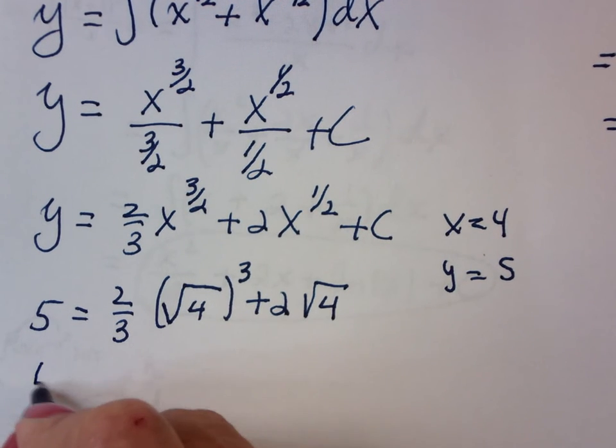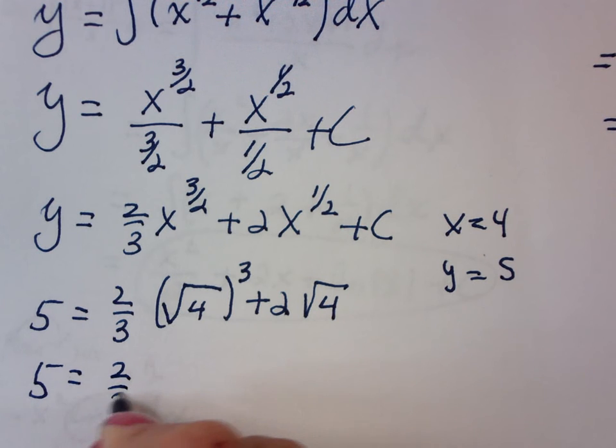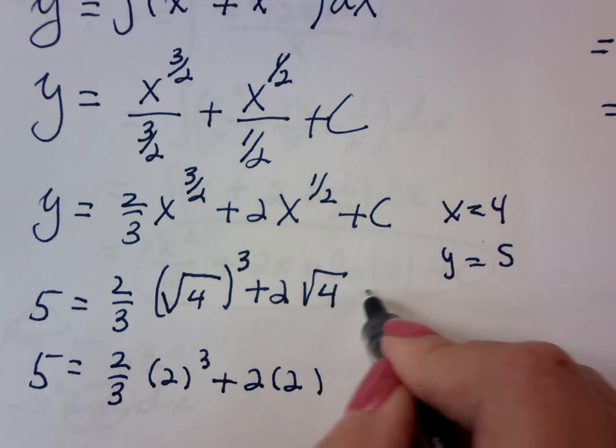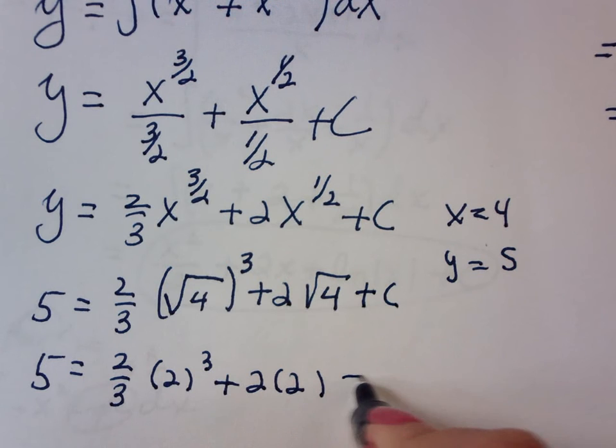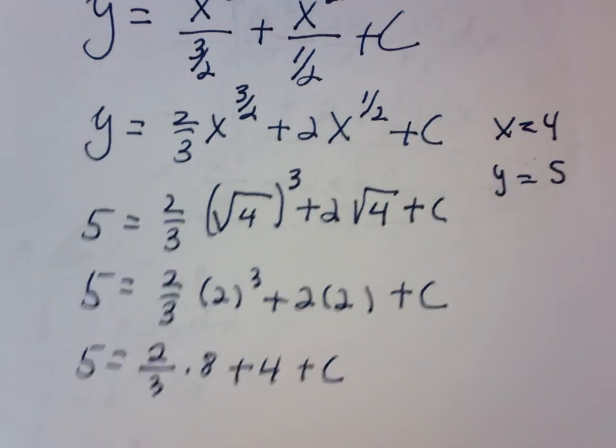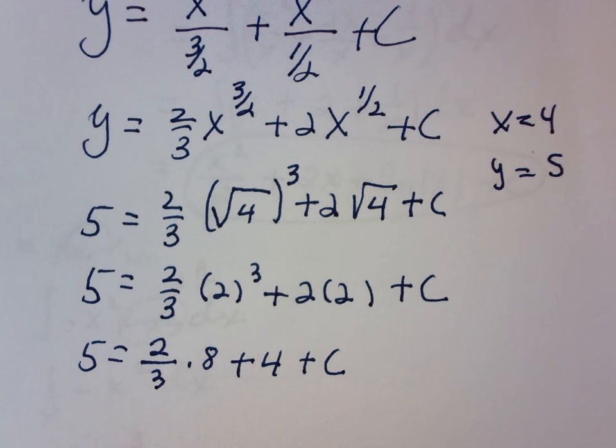So that 5 is equal to 2/3 times 2 cubed plus 2 times 2. Oh, I forgot my plus c. Or 5 is equal to 2/3 times 8 plus 4 plus c. You see, this is going to be an adventure.